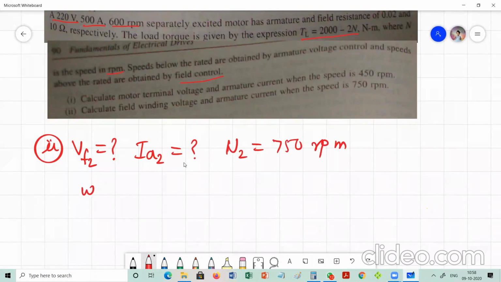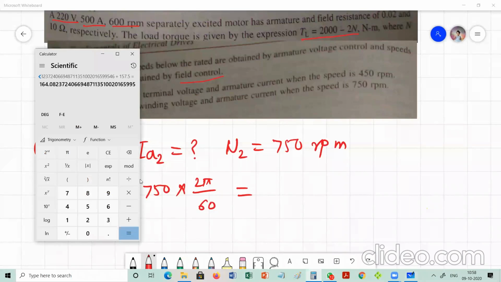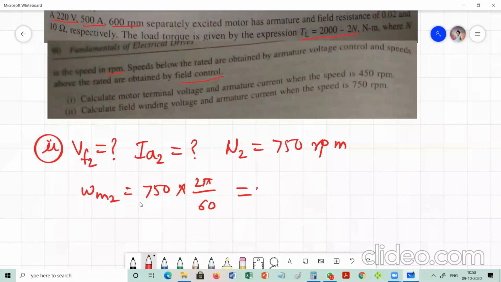Again we can calculate omega M2 is equal to 750 into 2 pi by 60, which is equal to 25 pi radian per second.